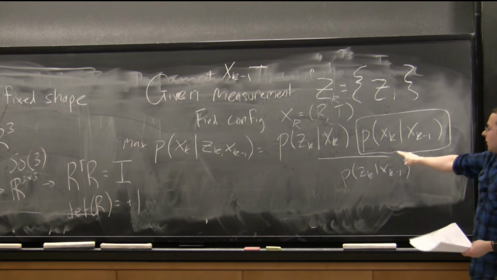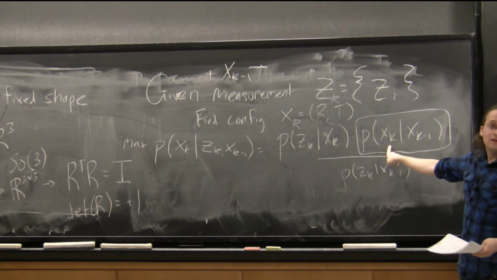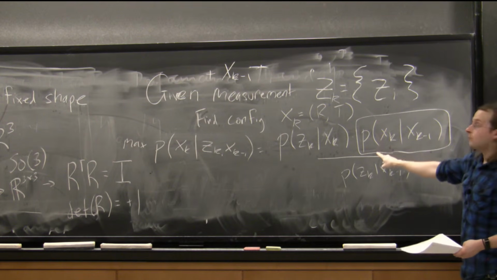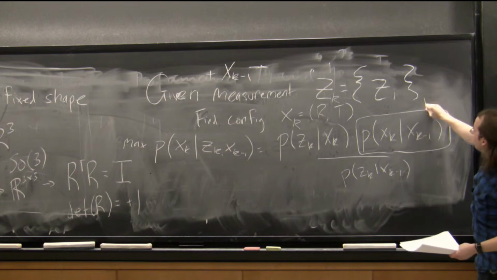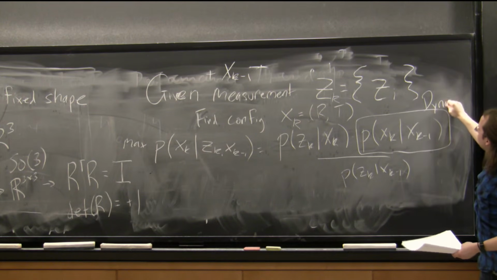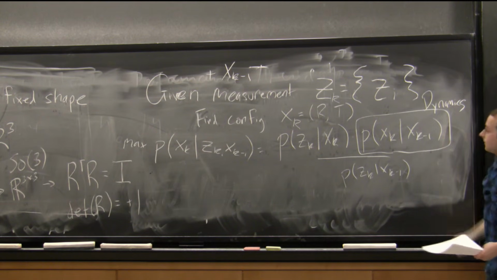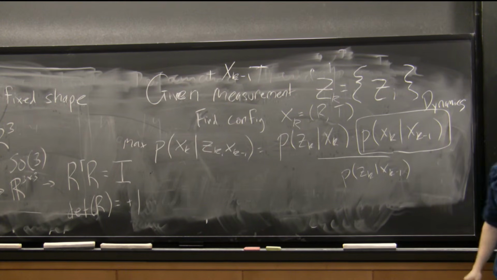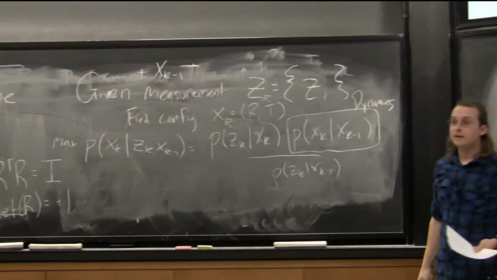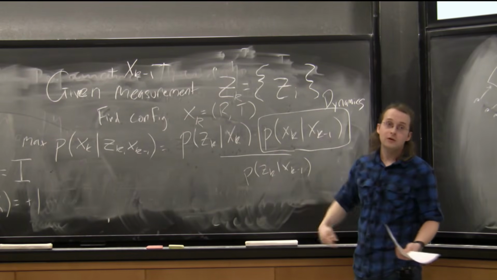This could be factored into our prior distribution over states and also really a dynamics model. This is exactly our robot dynamics. It's how our state evolves from our previous state to our current state. And I'm going to skip over the rest of it. Really, this starts factoring in when you do your log.